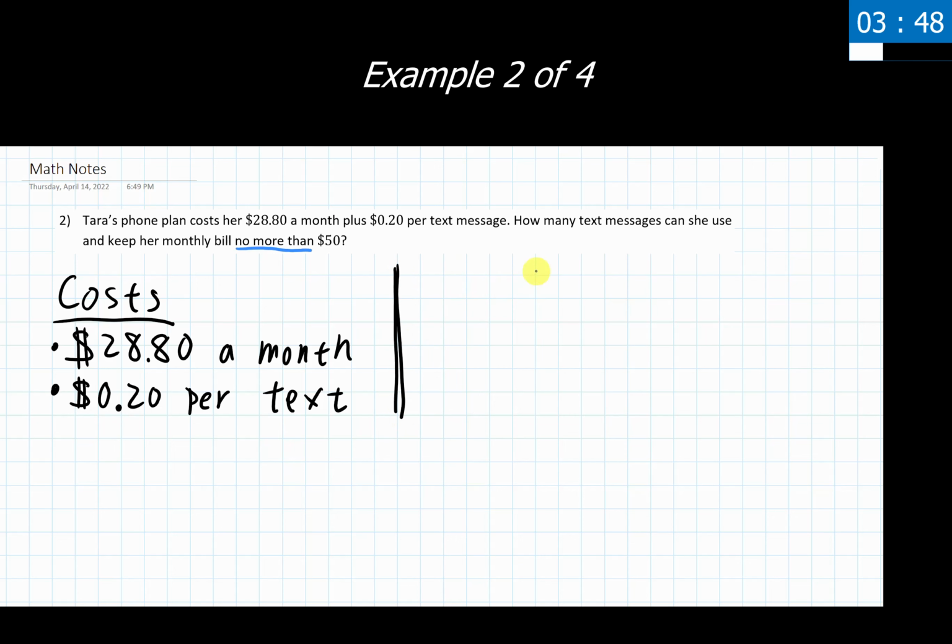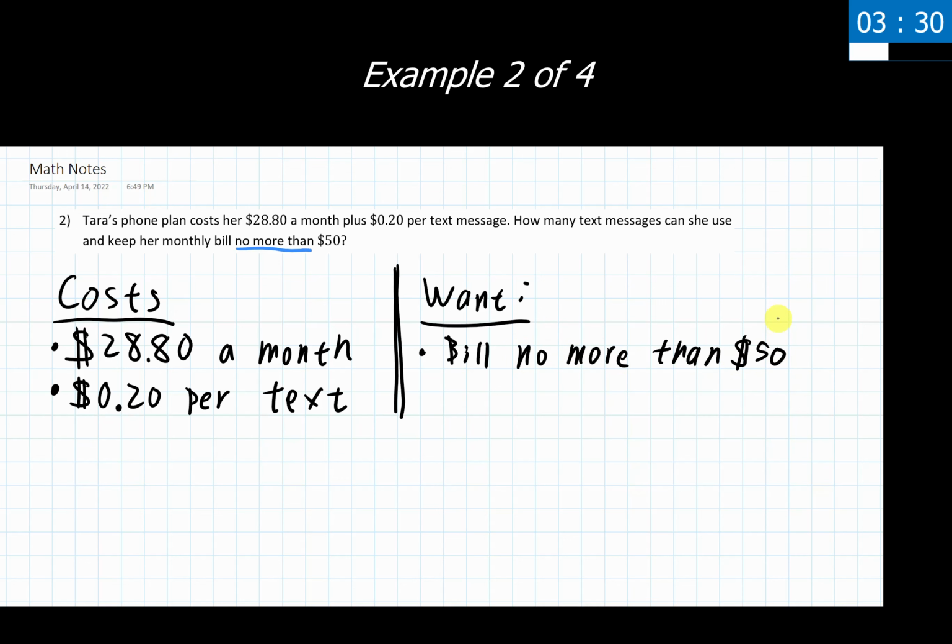You could call this restrictions or goals or requirements or something like that. We want her monthly bill to be no more than $50. So we can see, even with how we have it written out here, we have part of our information, or part of our inequality, and then the other part of our inequality: costs and our want.